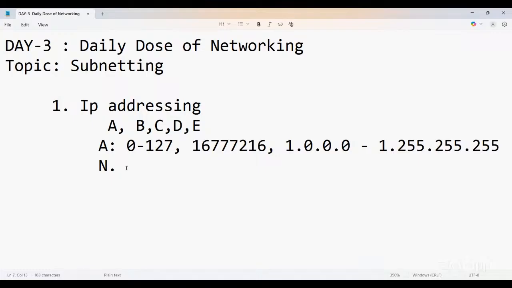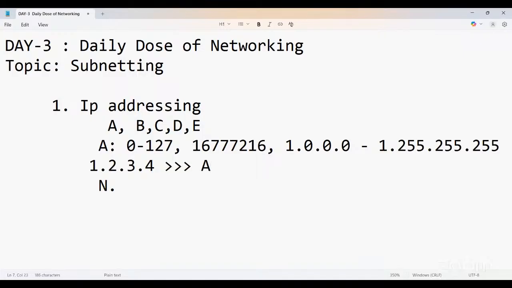For example, if I'm asking you a question: IP 1.2.3.4, which network does this IP belong to? How do you sort out this problem? You have to see the very first octet. The first octet belongs to the class A range, and that's the reason it is called a class A IP.